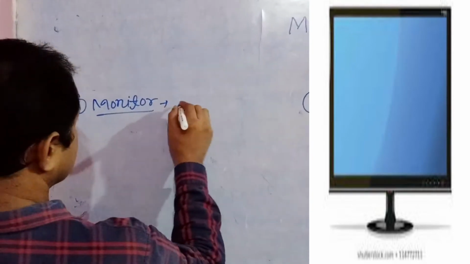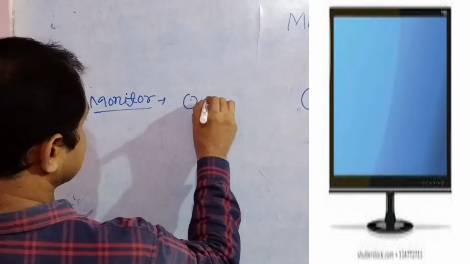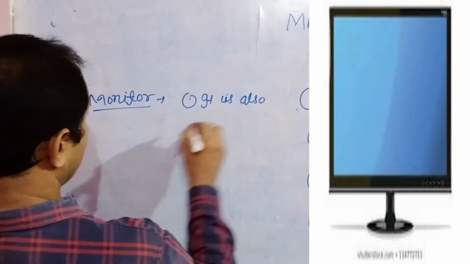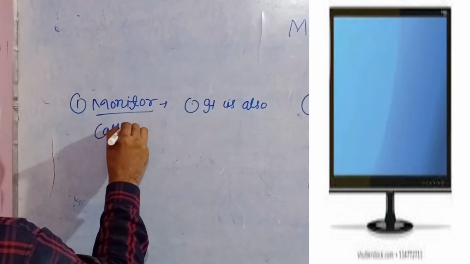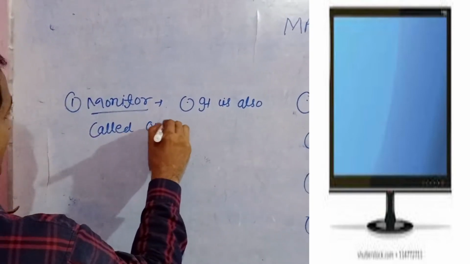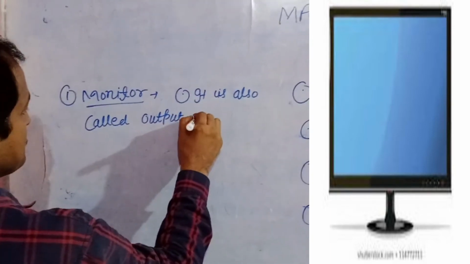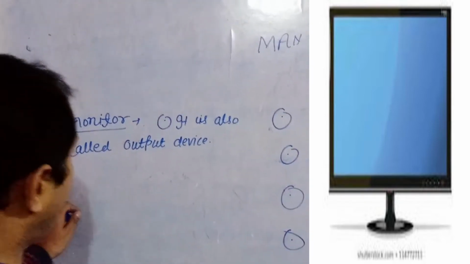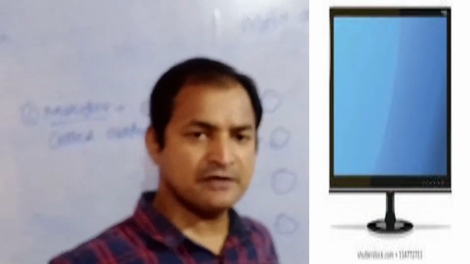This monitor is also called an output device. Why is the monitor called an output device?